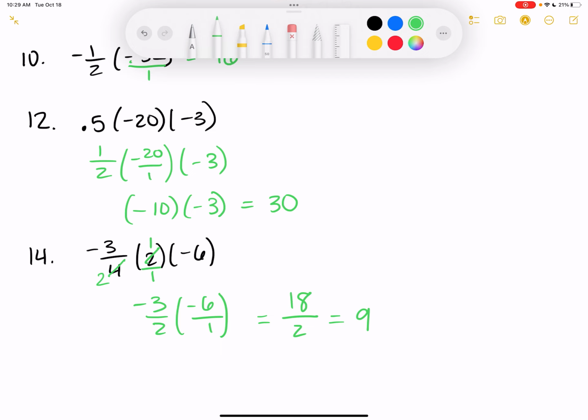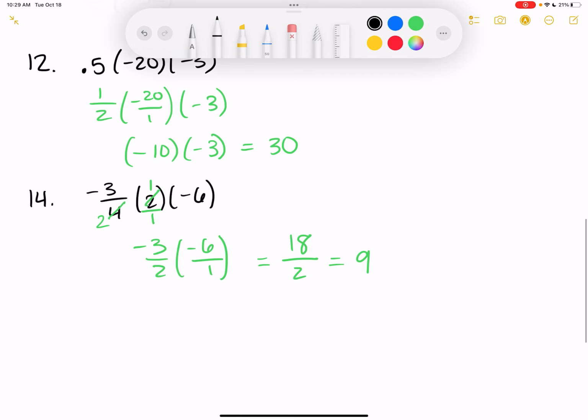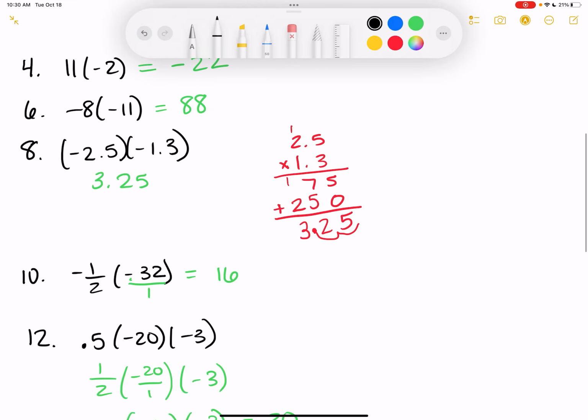All right, this one, I'm going to do it in a slightly different order, and I'll show you why. -1.6 times -2 times -10. If I go left to right, like I've been doing in all the other problems, I'm going to end up having to set up 2 of these multiplication things with decimals.